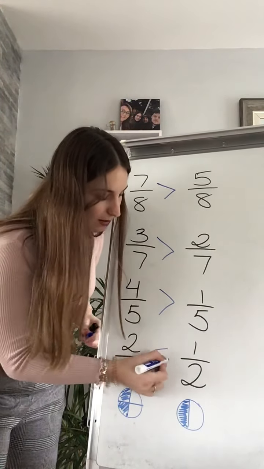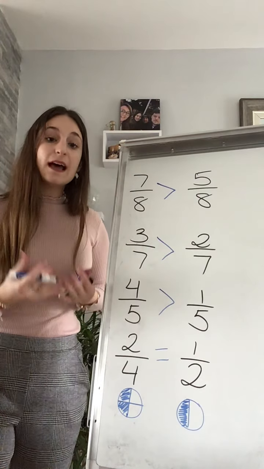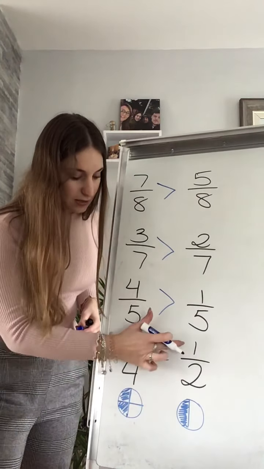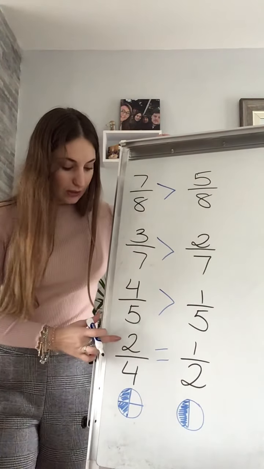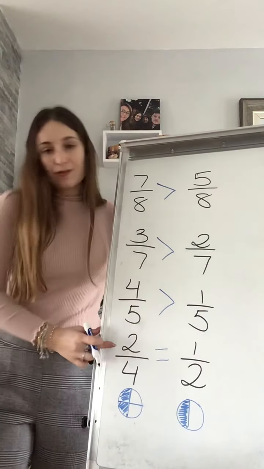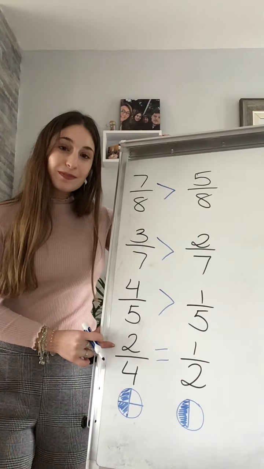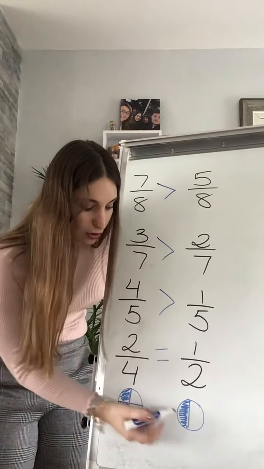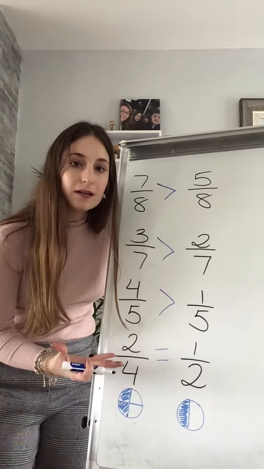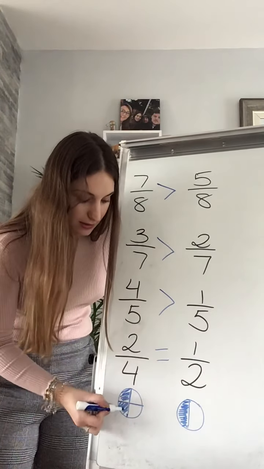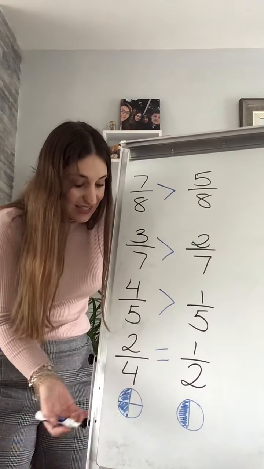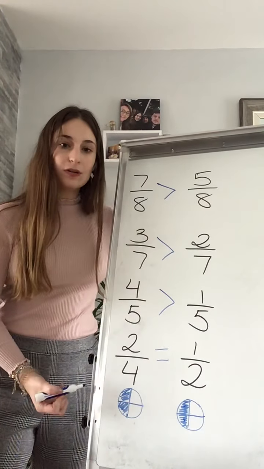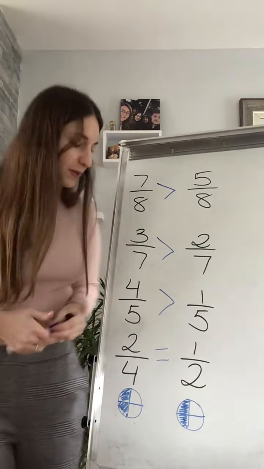Sometimes we can have fractions that are equivalent, they have the same value. You can think, well, I know that 2 is bigger than 1, so 2 quarters is going to be bigger. But is it? It doesn't matter just the size of the numerator, because look, it's been cut into a bigger slice. Can you see how 1/2 is the same as if I cut it into quarters and take 2 quarters instead of 1? So that is what we are going to be doing today.